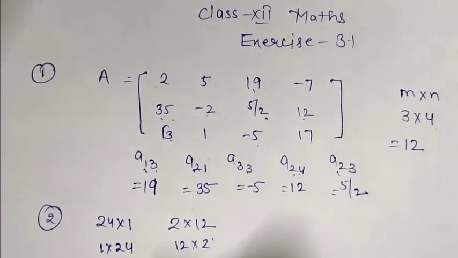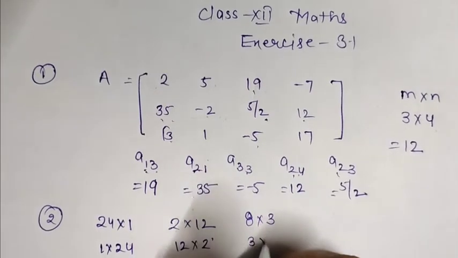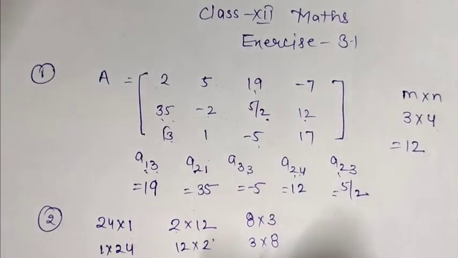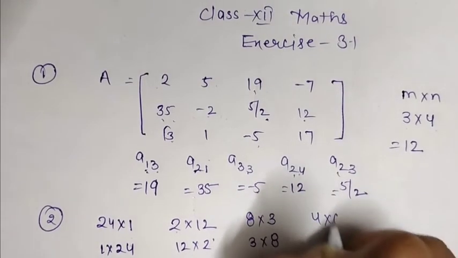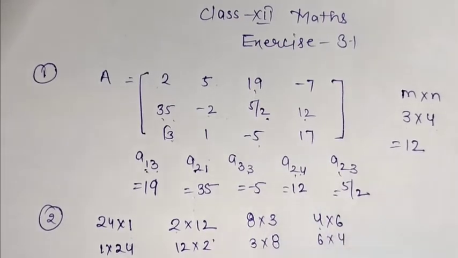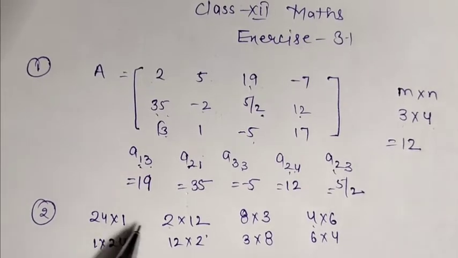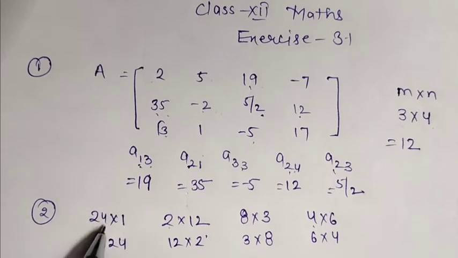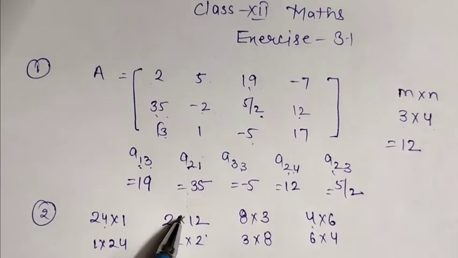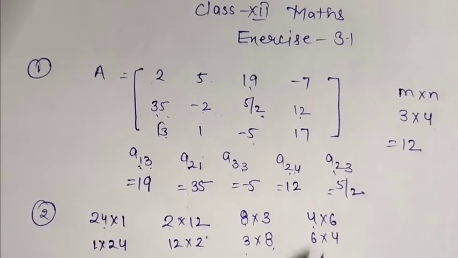Next we can write 8 by 3, or 3 by 8 is also a matrix. Next we have 6 by 4, since 6 fours are 24, or 4 by 6 can also be a matrix. So in total these can be formed: 24 by 1, 1 by 24, 12 by 2 or 2 by 12, 8 by 3 or 3 by 8, or 6 by 4 or 4 by 6.